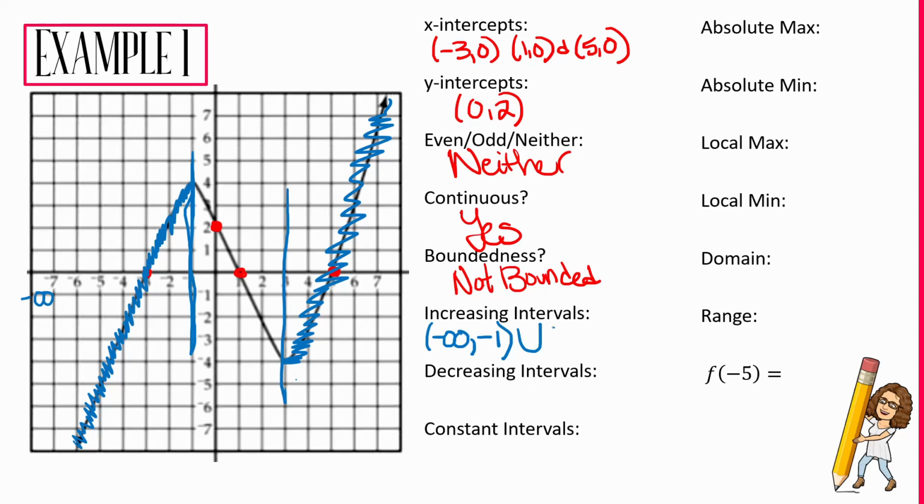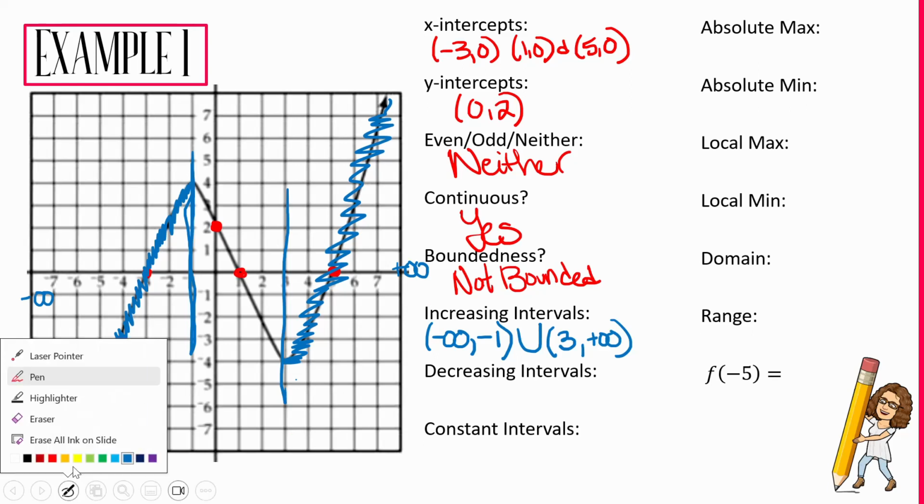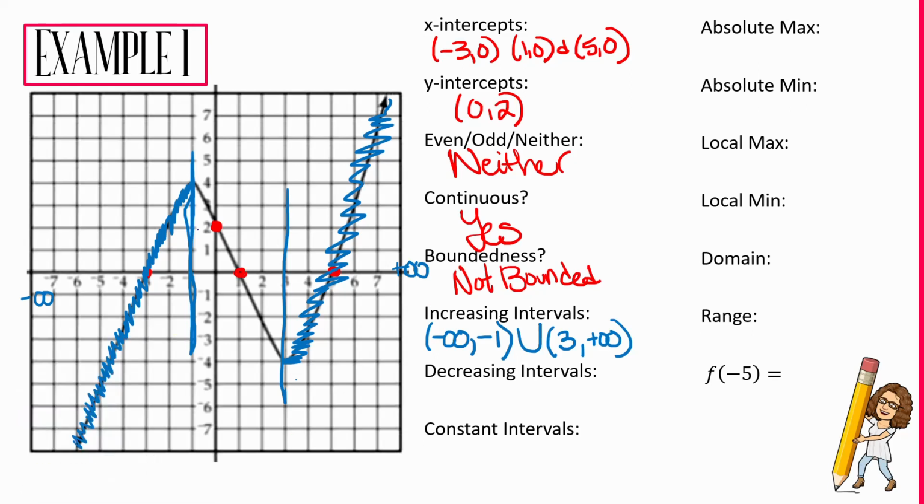So union 3 to positive infinity, because I'm going forever to the right. I will be going up. Now, I also have a decreasing interval. So that would be from here to there, right? So from -1, because that's where I started decreasing, to 3, I was decreasing on my graph.